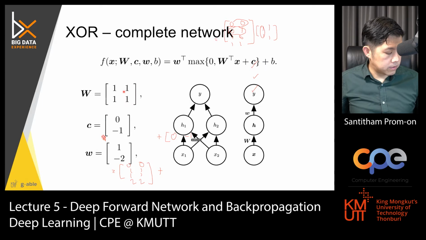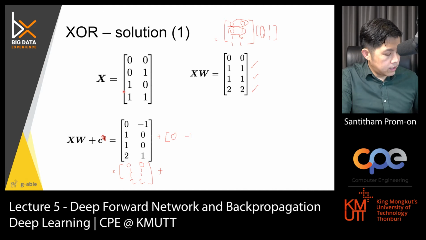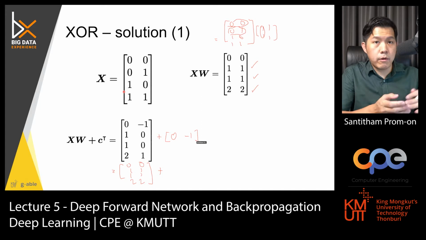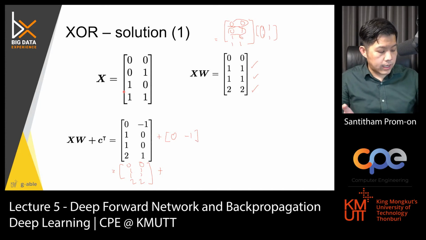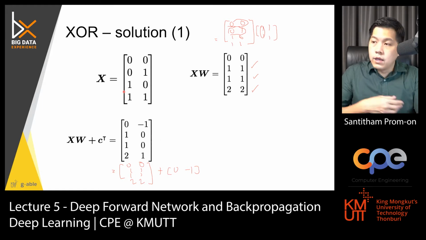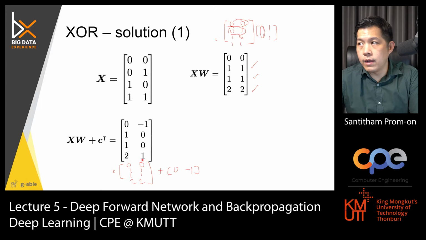C transpose would be, yeah, that's correct already. Plus C transpose here, 0 minus 1. Think about broadcasting, right? For this one, you have 0 0 plus 0 and minus 1, so you get 0 minus 1. And 1 1 plus 0 minus 1, you get 1 and 0, right? So you got this after that.